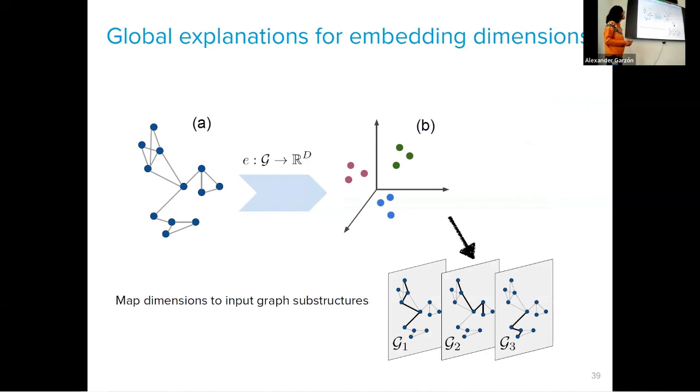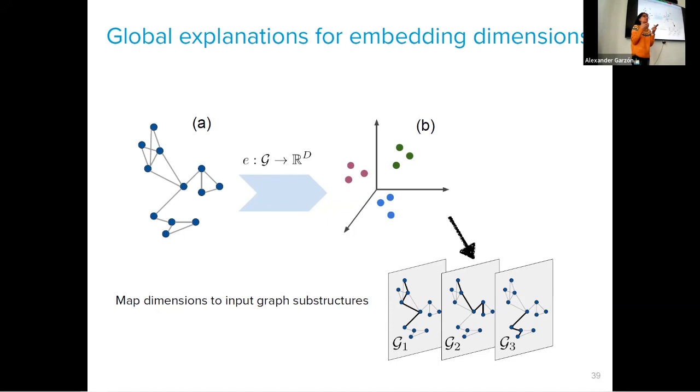We have some work also on explaining node embeddings. Here the problem is much more difficult than when we are talking about explaining supervised GNNs, because here we do not know what we want to explain. Given a graph with all these representations, let's say in Euclidean space, what we did here is to map the dimensions of these node embeddings. The dimensions are themselves uninterpretable.